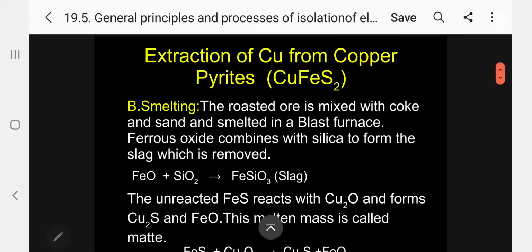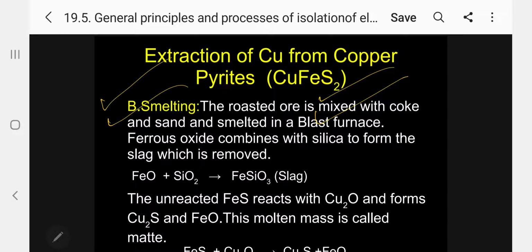The next step is smelting. What is smelting? The roasted ore is mixed with coke and sand and smelted in the blast furnace. We have shown the diagram already. Of the two furnaces, in this case we are using the blast furnace.